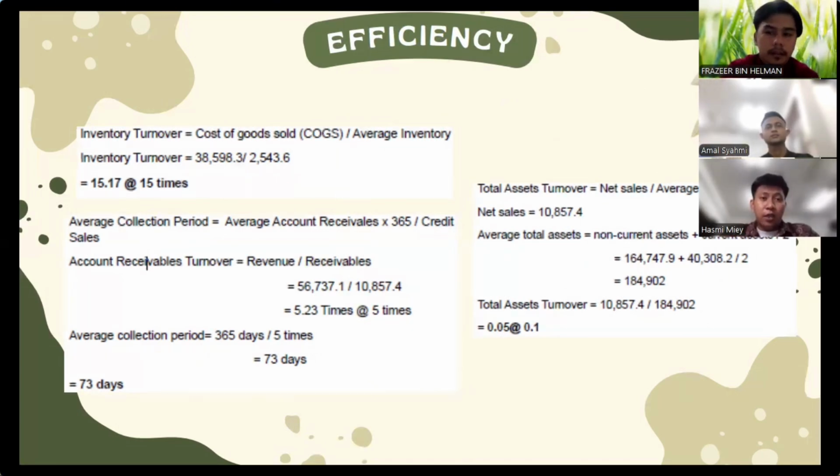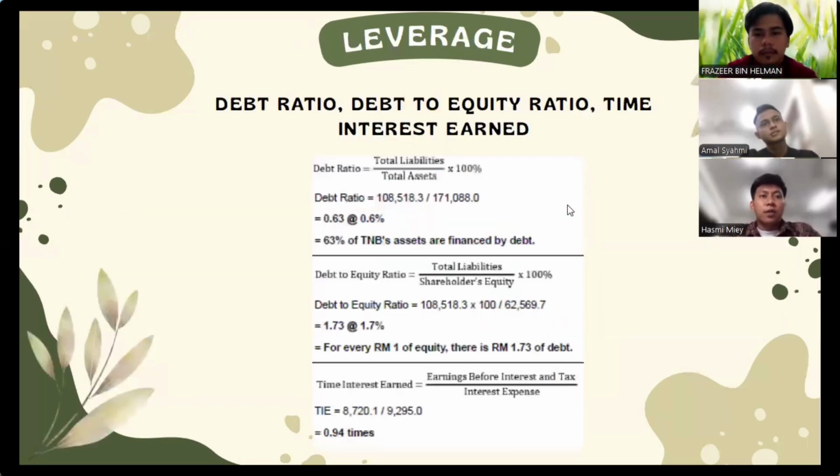The second is the account receivable turnover is 5.23 times, and the average collection period is 70 days, which is reasonable for a national utility company. The third slide, leverage for TNB company.